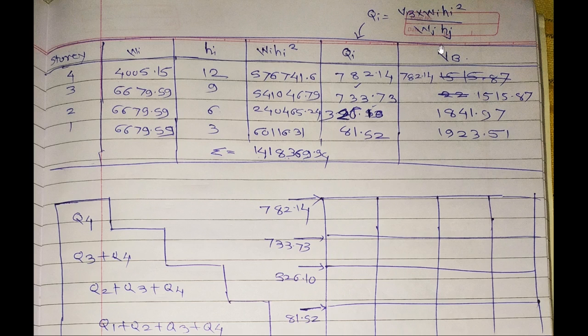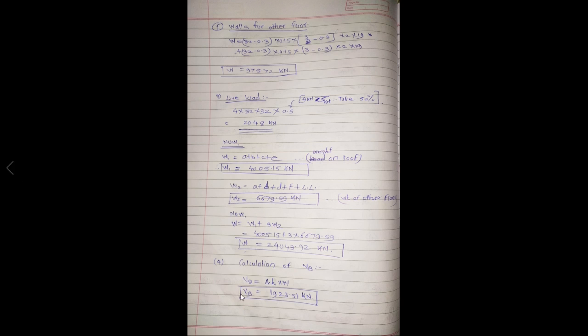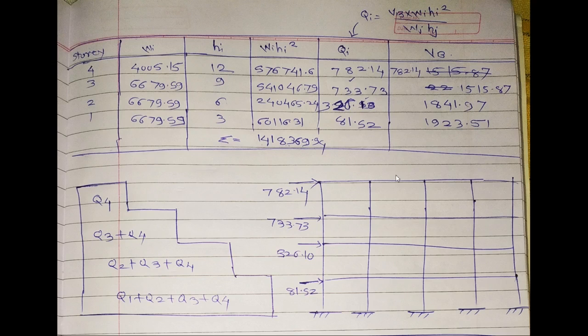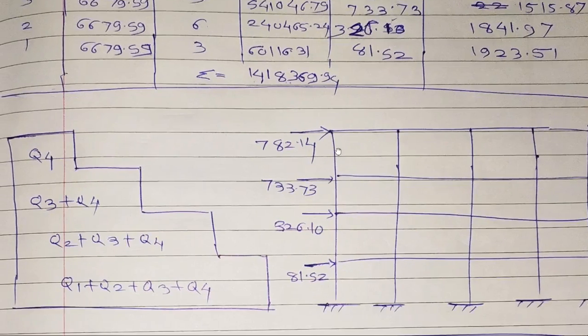For calculation of base shear, we have to take cumulative addition. First of all, this value is to be taken here, then cumulative addition is to be done. This value will exactly match with our VB, so that it is checked.